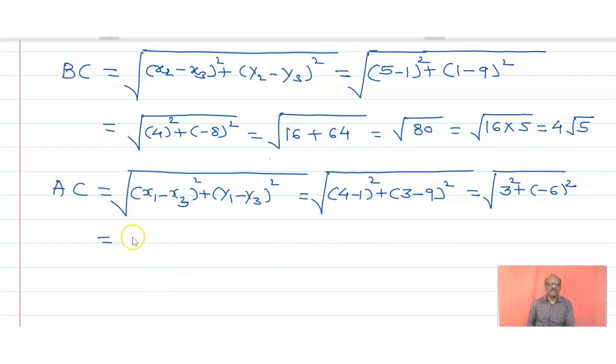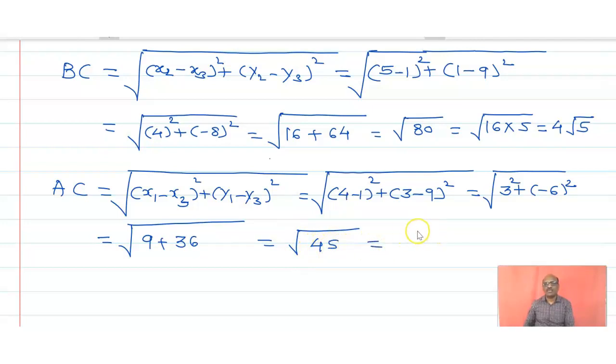Therefore root of 3 square is 9, plus 36, and overall here you will get root of 45.